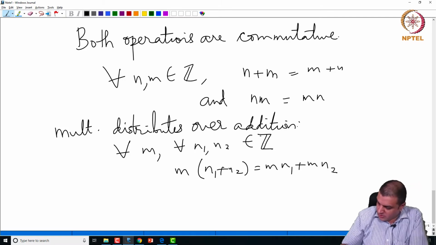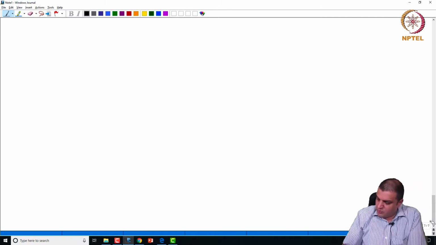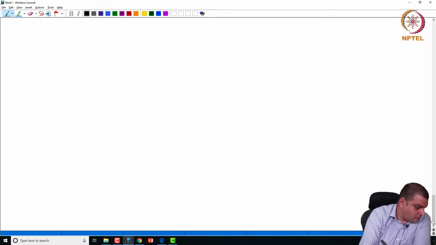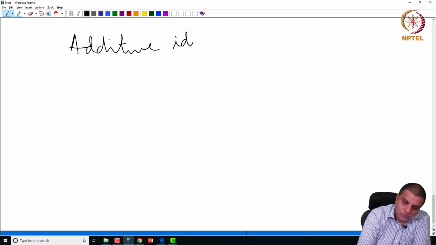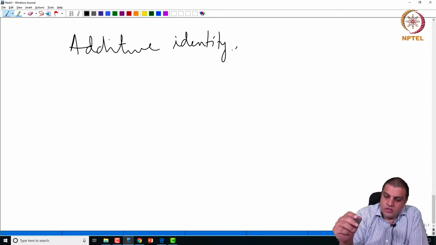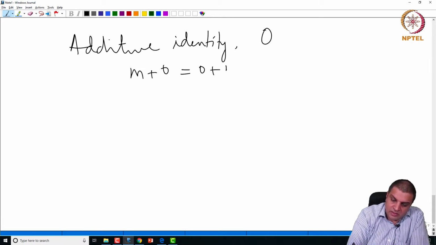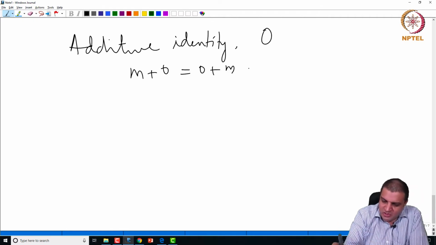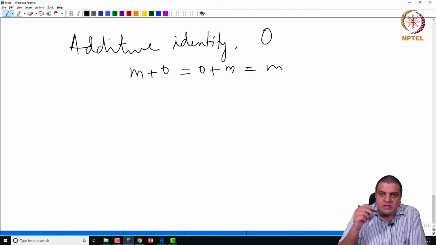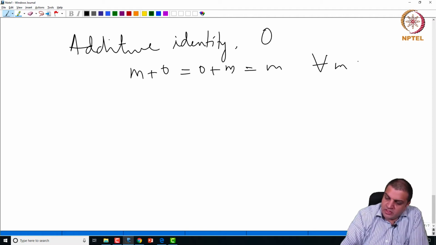So there are a few more properties that are of interest to us. There is an additive identity. That is, 0 has the property that m plus 0 equals 0 plus m, both of these things being the same value m, for every integer m.